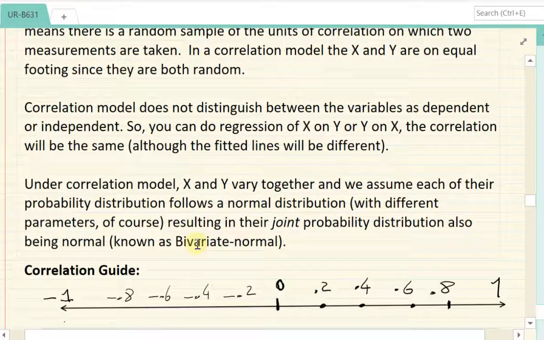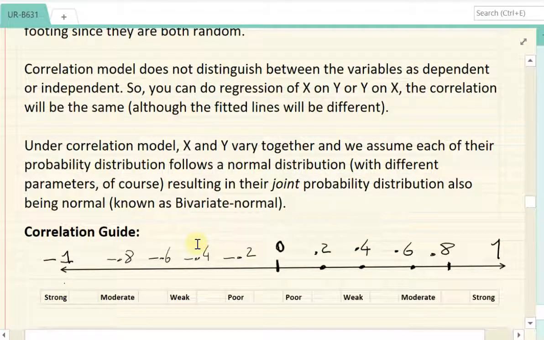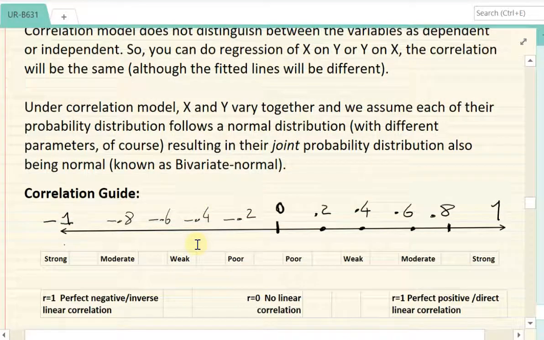Now we mentioned correlation. Pearson correlation gauges or quantifies the strength of association between two variables, right? So here's where these values are. Mathematically, by the way, this correlation coefficient R lies between 1 and -1.